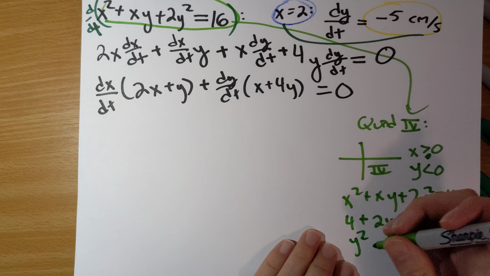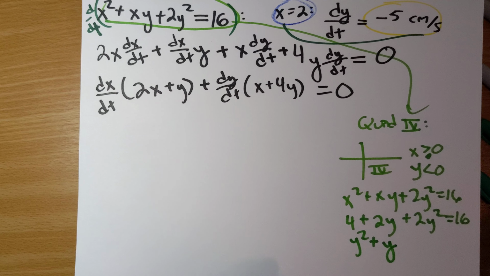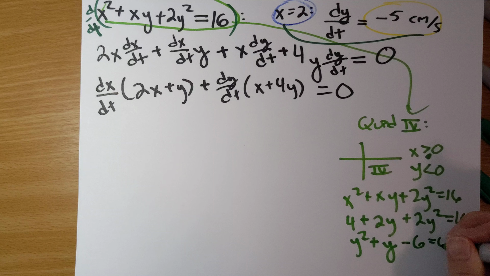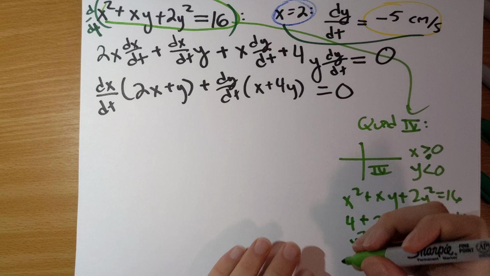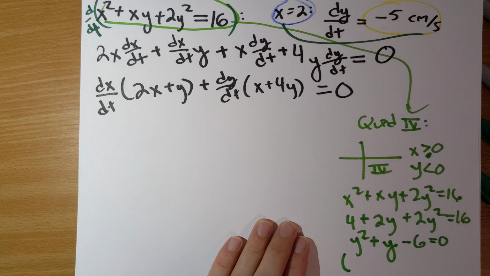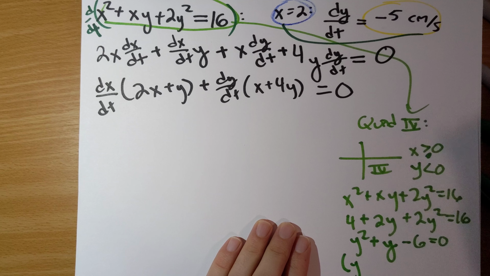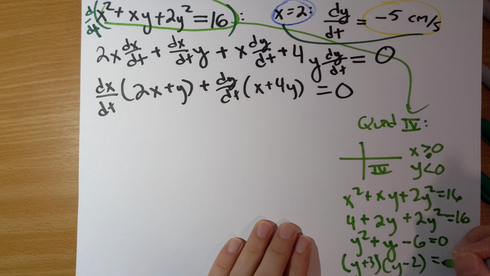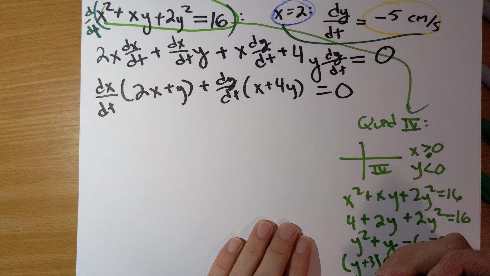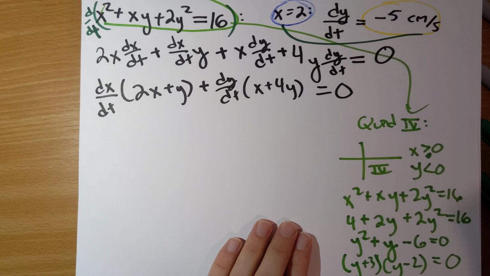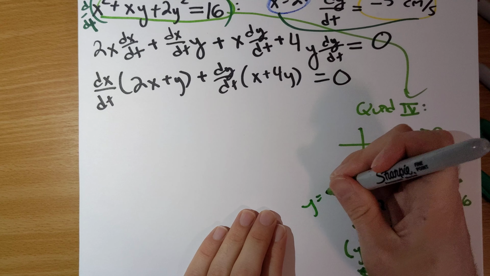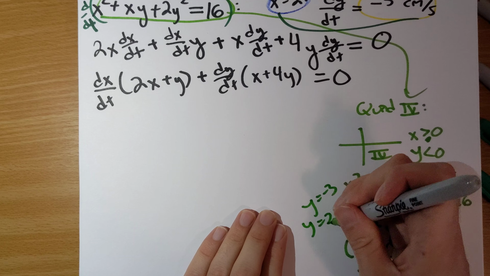We should get y squared plus y, and then 4 minus 16 is negative 12, but we divide that by 2, negative 6, is equal to 0. And this has two solutions because this factors as (y plus 3) times (y minus 2) is equal to 0. So y is equal to negative 3, or y is equal to positive 2.